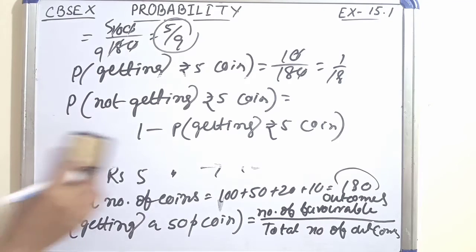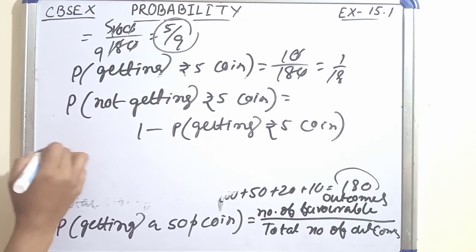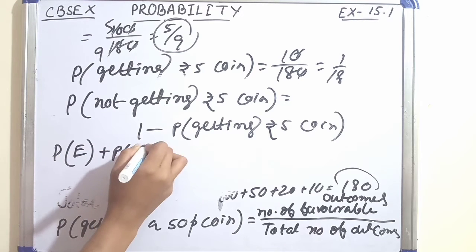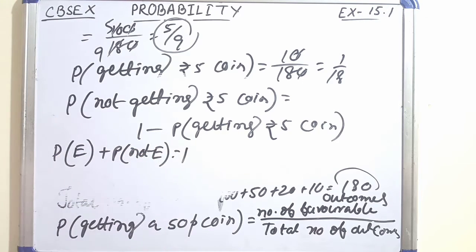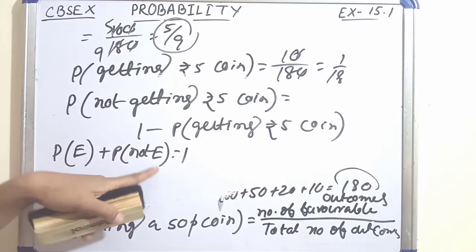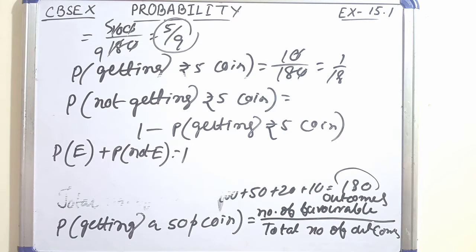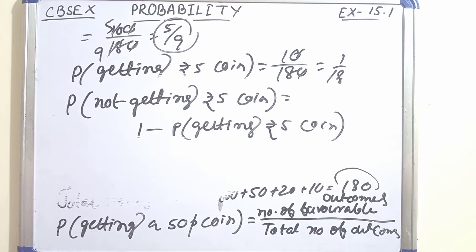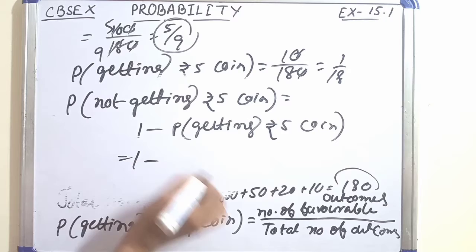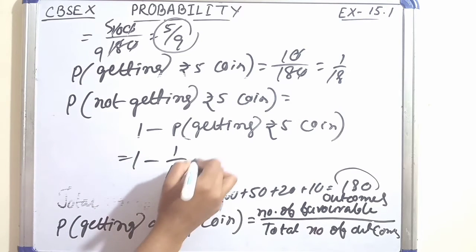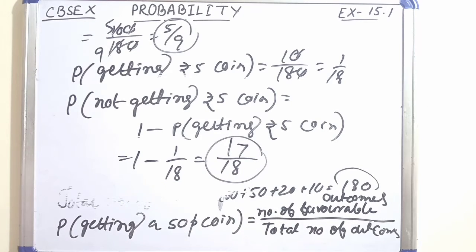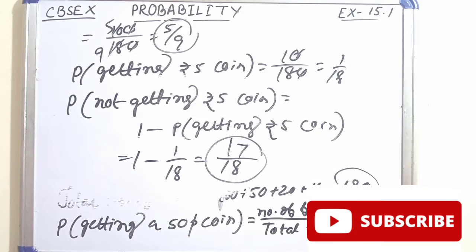Because we know that probability of any event E plus probability of not E is equal to 1. So probability of not E is equal to 1 minus probability of E. That's why 1 minus 1 upon 18, so 18 minus 1, that means 17 upon 18. That's the answer.